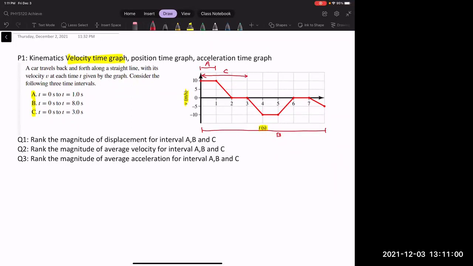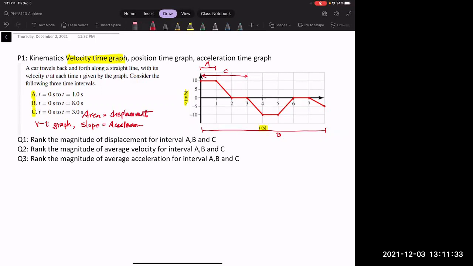Just on this graph, there's a lot of story that you can tell. The slope and the value all represent different things. The area also represents different things as well. For the velocity-time graph, the slope represents the acceleration, and the area represents the displacement.